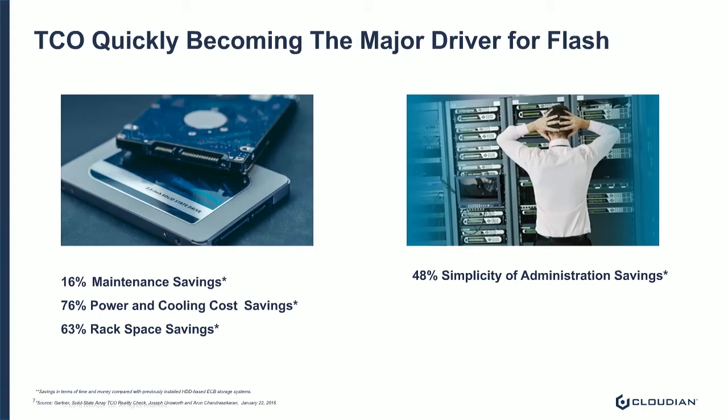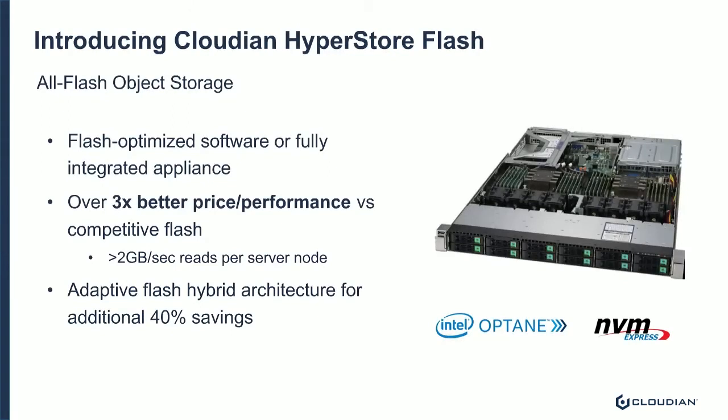Right? This is what we need to look at when you talk about flash, and this is what we at Cloudian are focused on. We recently talked about introducing a HyperStore all-flash Cloudian appliance, and that HyperStore all-flash object storage solution basically has three biggest components to it.